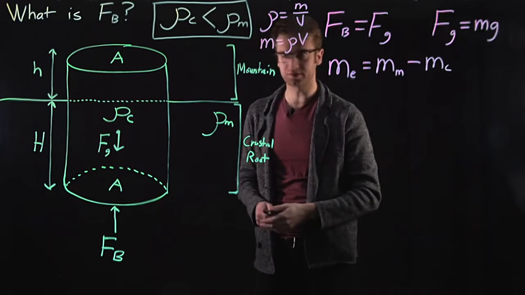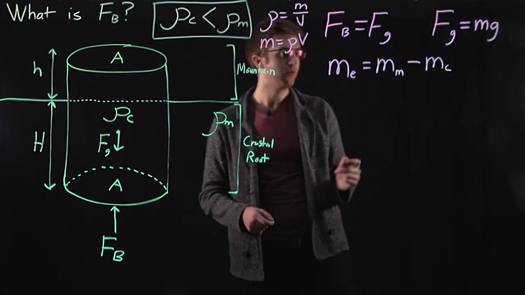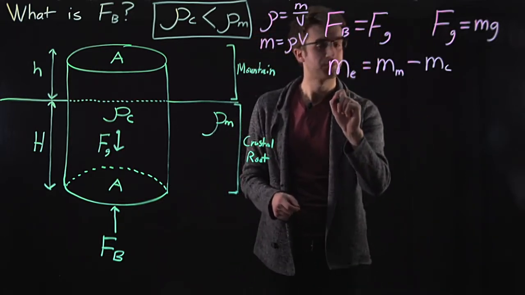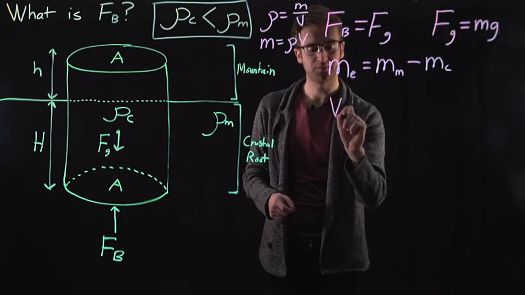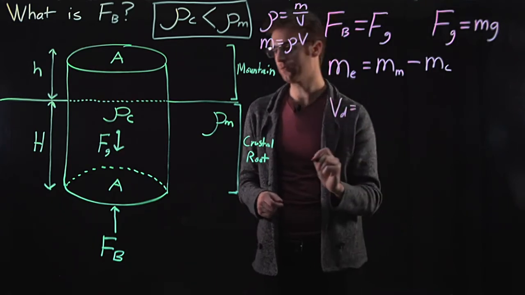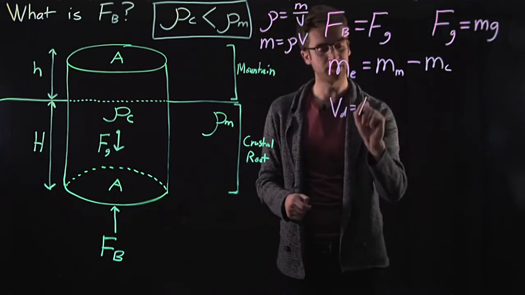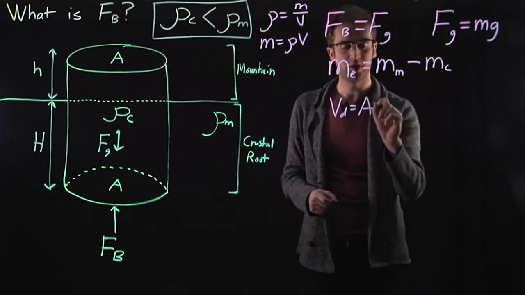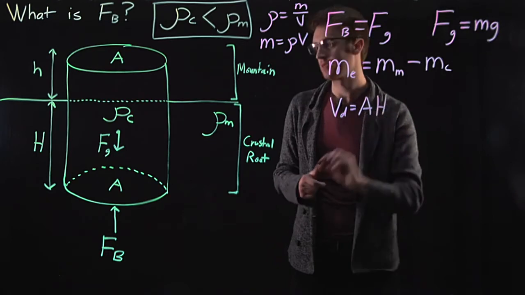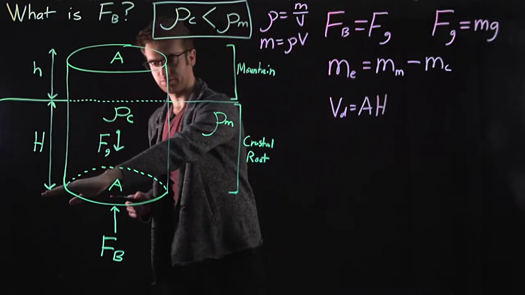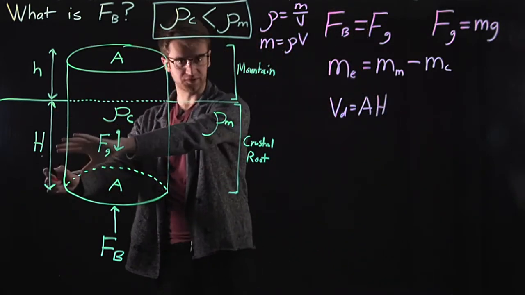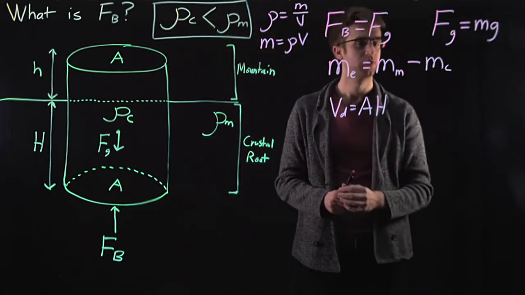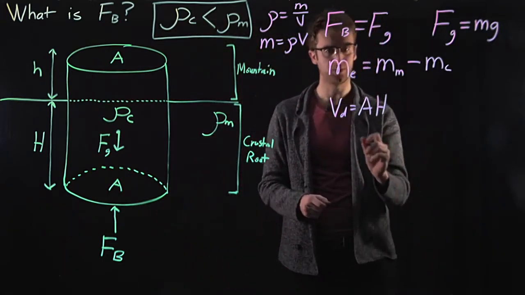Well, we're modeling this as a cylinder. And so the volume of the displacement equals the cross-sectional area A times big H, or the height of this displacement. Great.